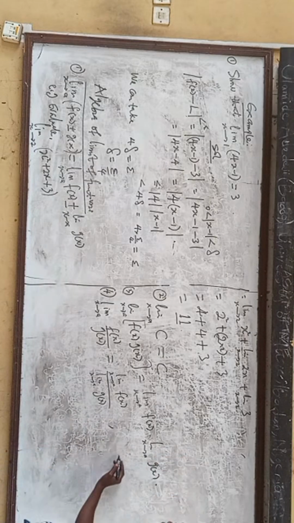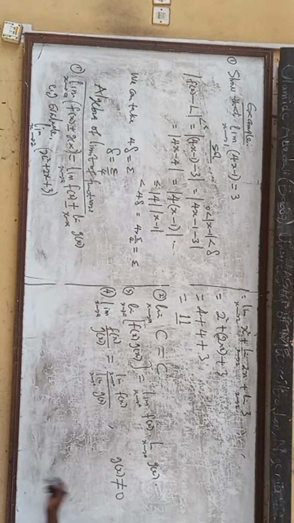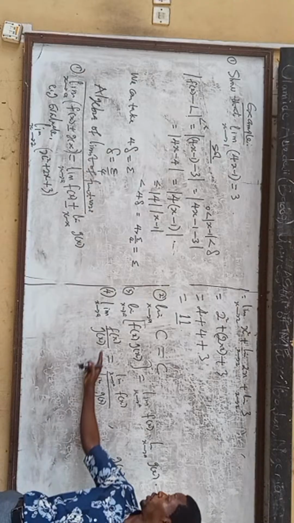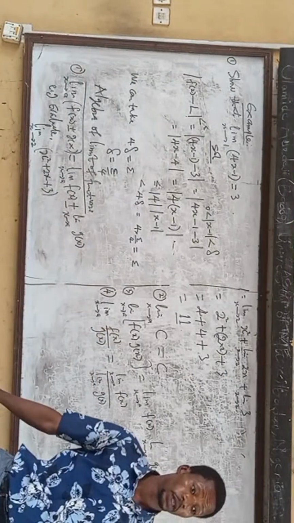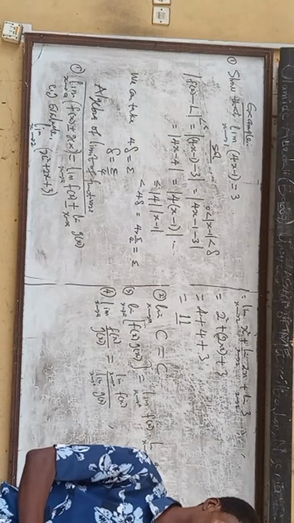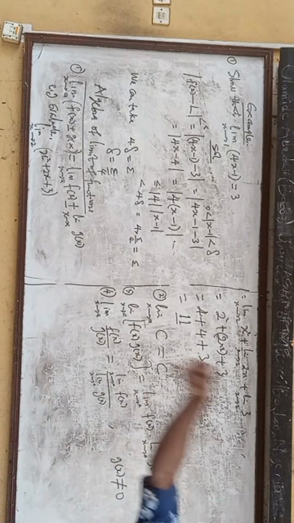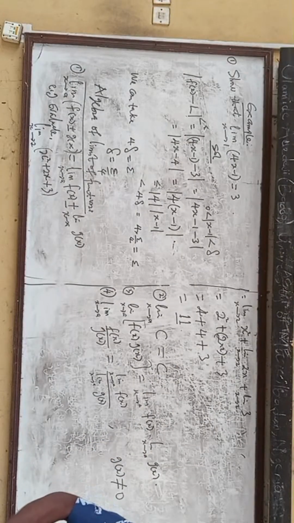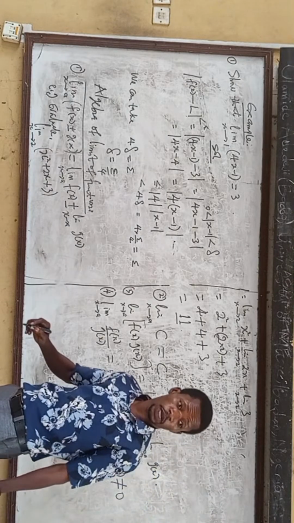But in all the cases, your g of x must not be 0. Because if g of x is 0, that's a problem. It will not be defined. If that happens, you must look for another way of solving the problem.